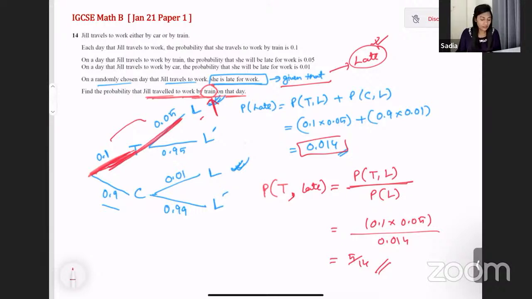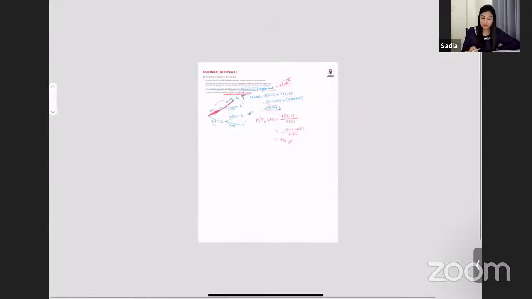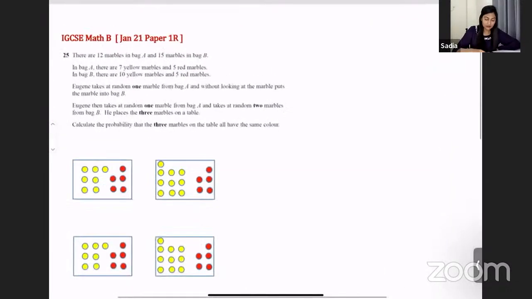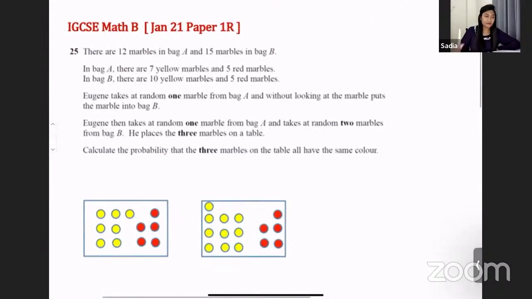So I'm done with number 14 from Jan 21, paper 1. Next, we have this very important math, which is from Jan 21 R paper. So I will be starting this one, Jan 21 R paper number 25.